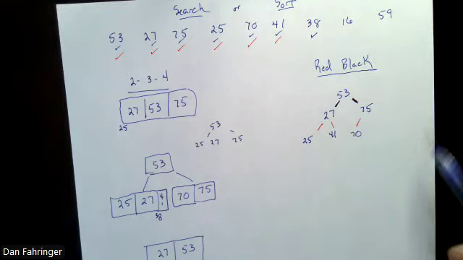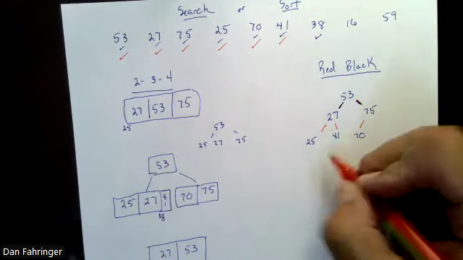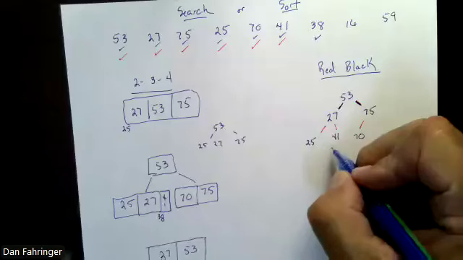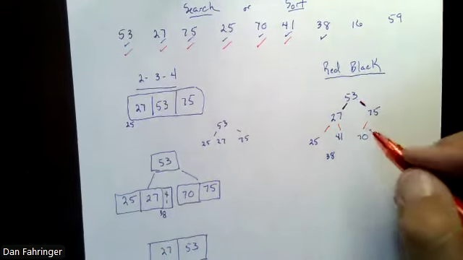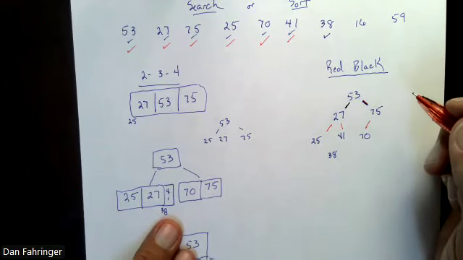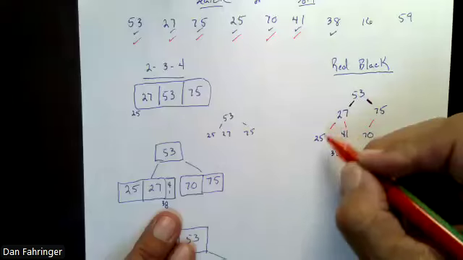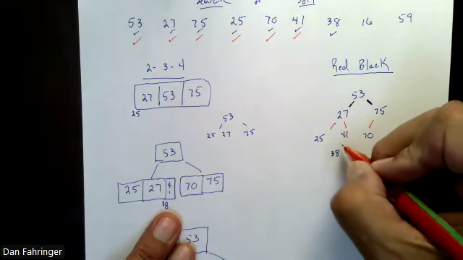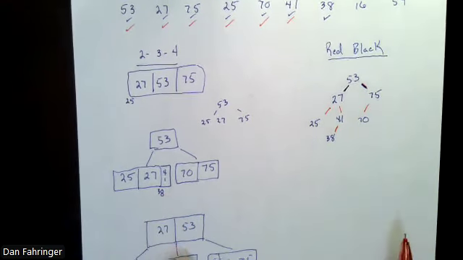38. 38 is less than, it's greater than, it's less than. All of a sudden, 38 is going to go here. And when I added the 38, it blew up this little party. So I added the 38, and what happened?